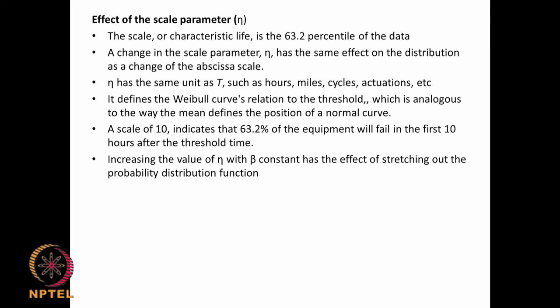Ideally we would like to have a larger eta. Increasing the value of eta with beta constant has the effect of stretching out the probability distribution function, you understand. So, ideally I should have a very large eta, so that the failure can be pushed more and more to larger times. So, both are very logical.